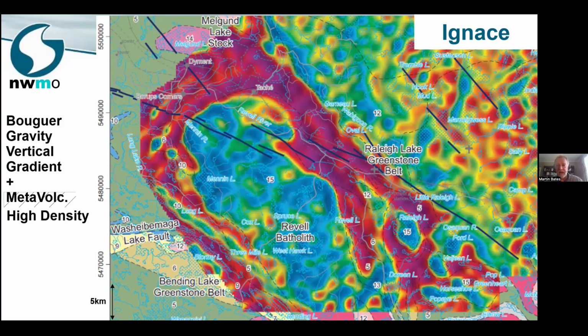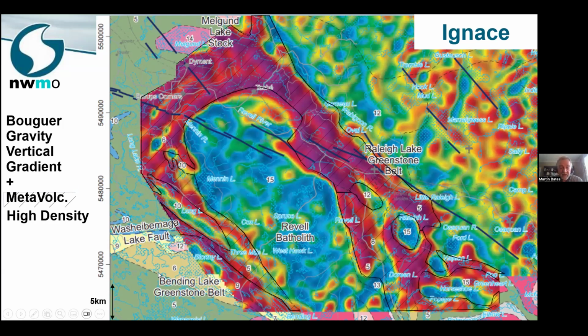Deep enough was the key thing, because they're not going to go deeper than that, and they also want it to be solidly encased within this coherent batholith of granitic material.